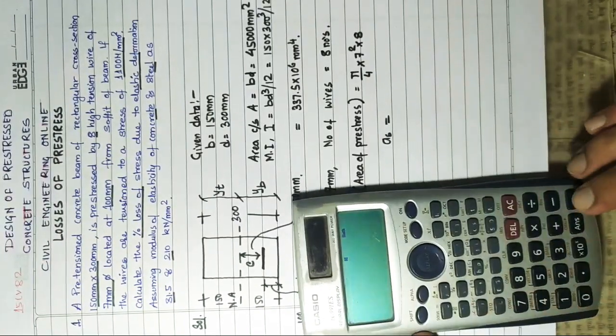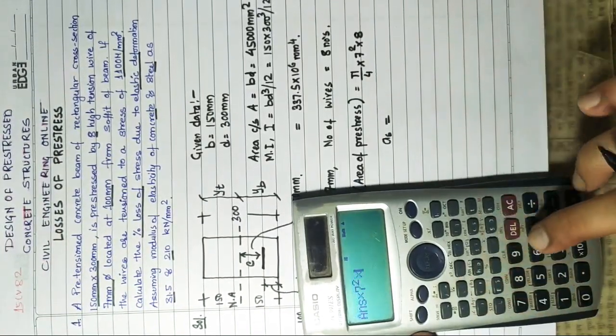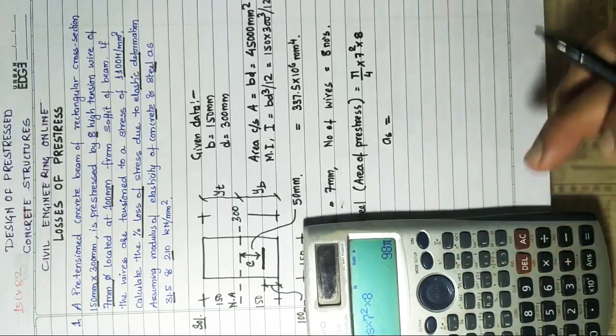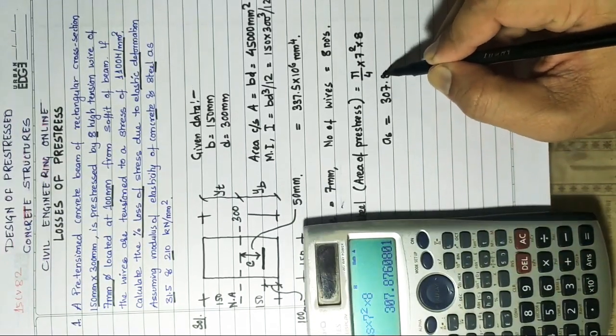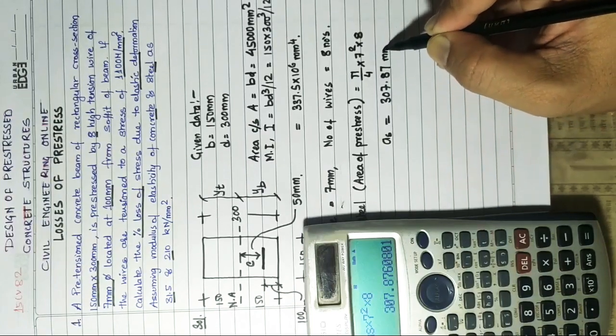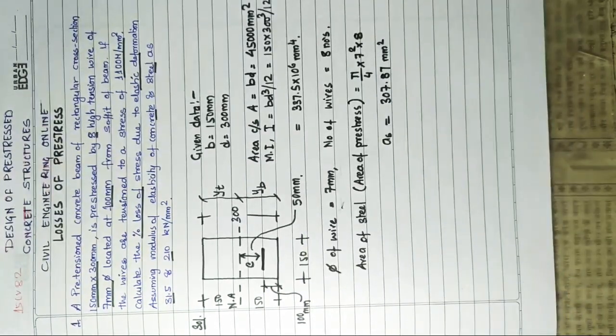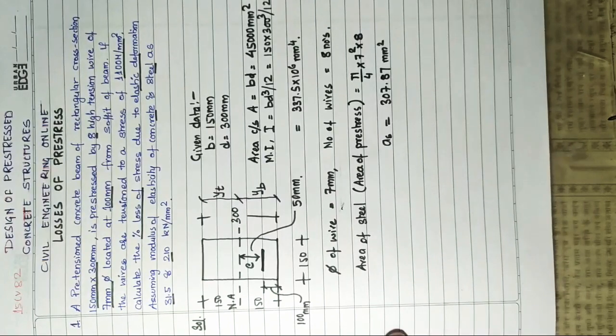It comes out to be around 307.87 mm square. So the area of steel, that is area of pre-stress, is known to us.